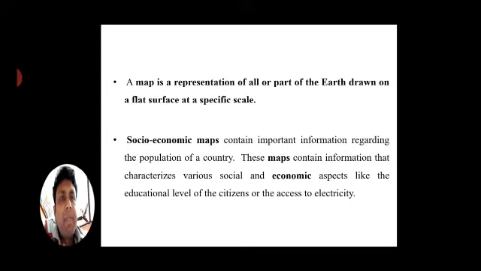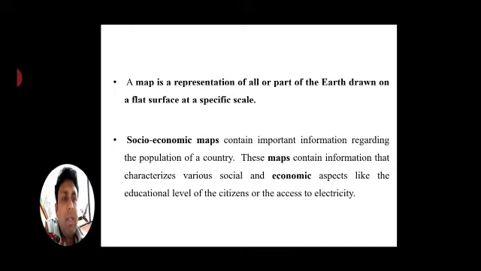A map is a representation of all or part of the earth drawn on a flat surface at a specific scale. We know the different components or parts of maps. Here, a socio-economic map contains important information regarding the population of a country.